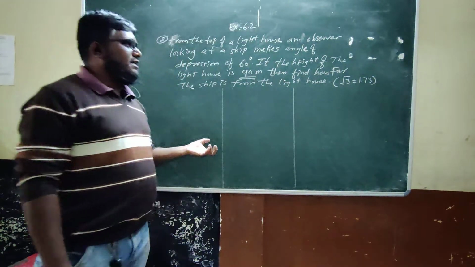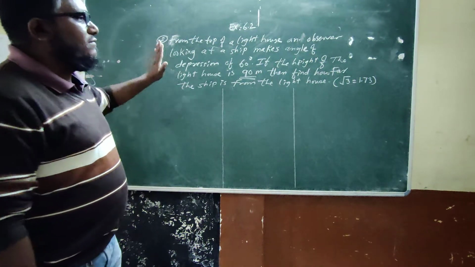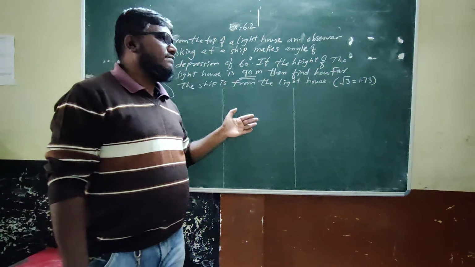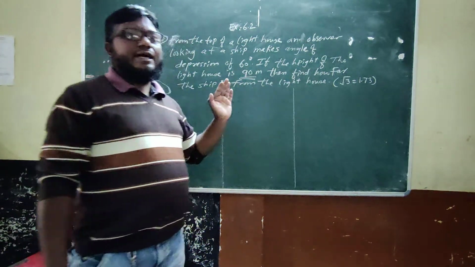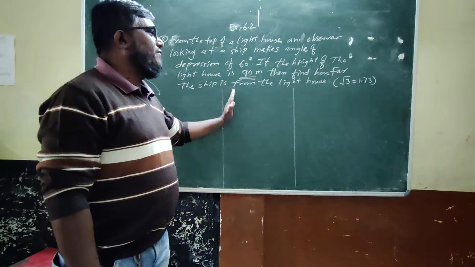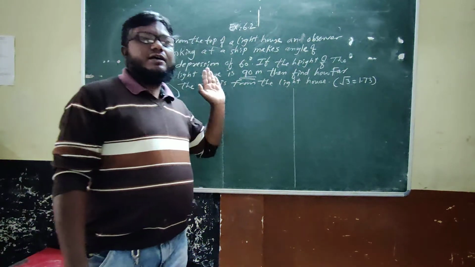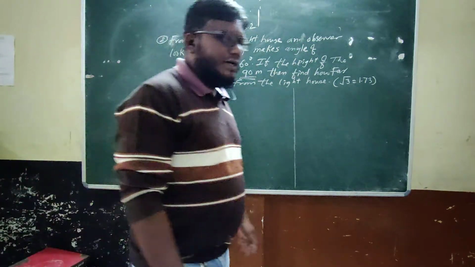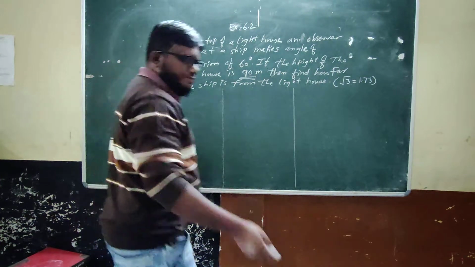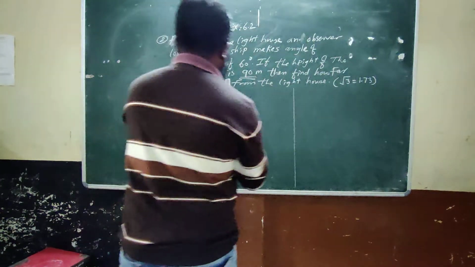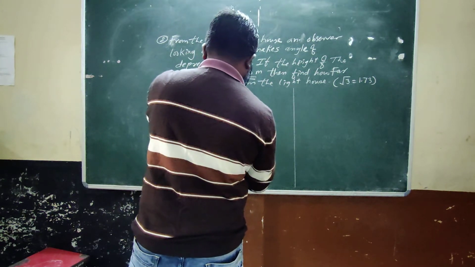Now, for understanding this question, this is a word problem, so we have to understand the question first. First of all, we have to prepare the diagram which is suitable for solving the example. This diagram is totally a right angle triangle, and we have to prepare the diagram in that format only. Suppose one observer is standing like this.